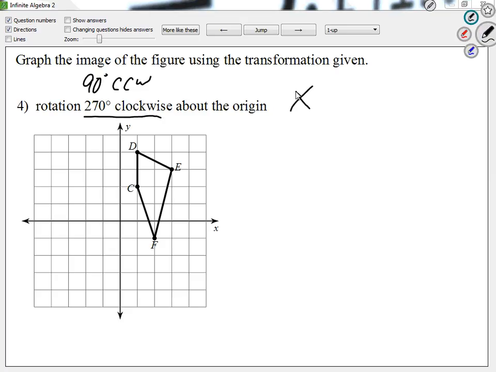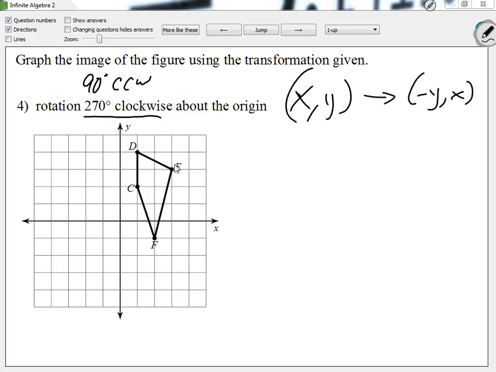So xy becomes, according to the rule, negative yx. I just wanted to come over and talk about this one, just in case you guys ever see 270 clockwise, you don't get confused. I couldn't even say 270 counter. Now that would be 90 clockwise. So even though we haven't seen that number, you guys have seen it in a different number.